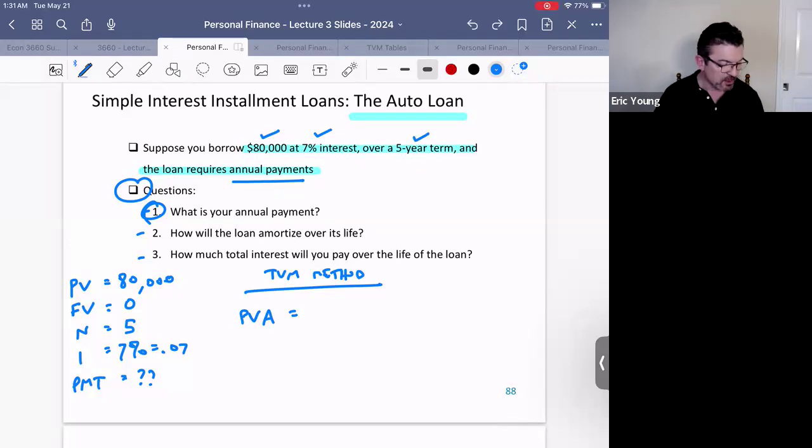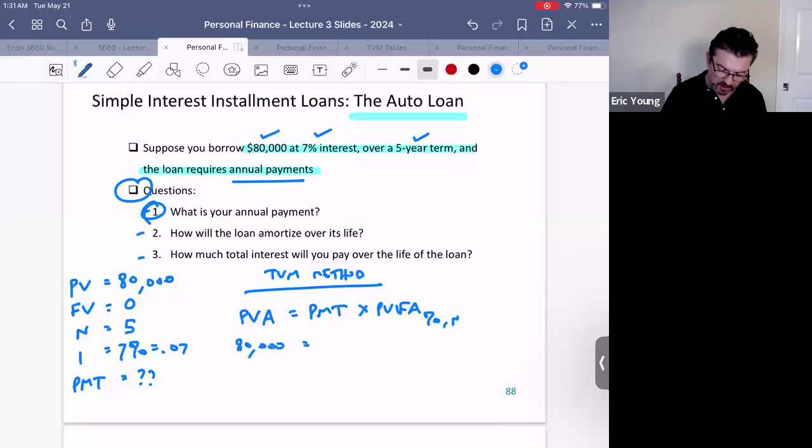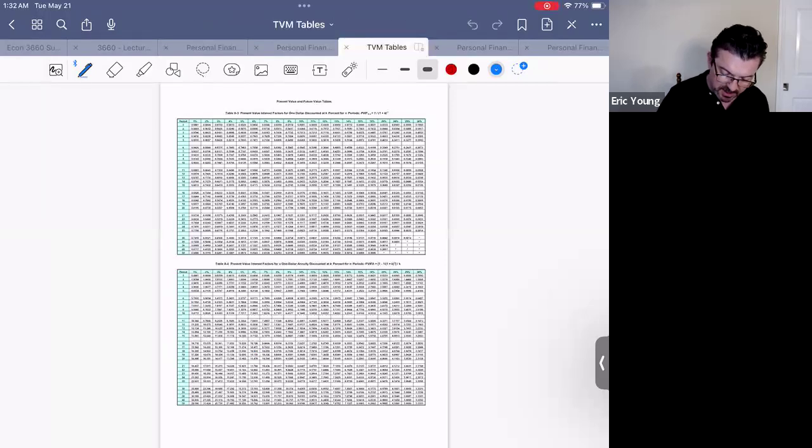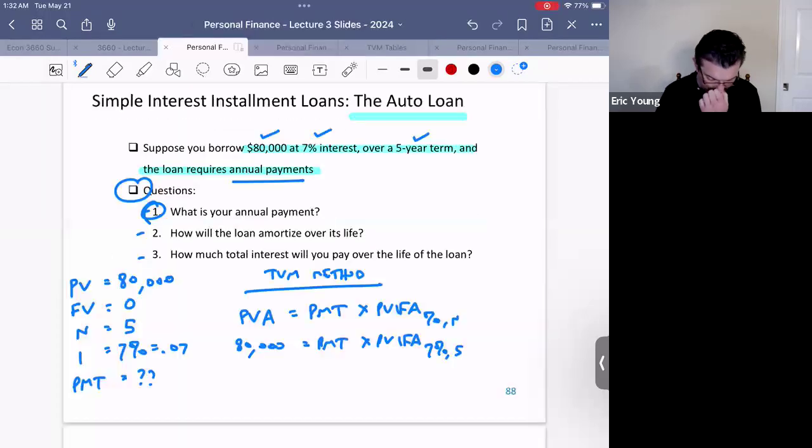The present value of an annuity is equal to the payment multiplied by the present value interest factor for a given percentage and N. In this case, 80,000 will be equal to the PMT multiplied by the PVIFA for 7%, 5. Now again, let's get this right. Present value interest factor for 7%, 5.